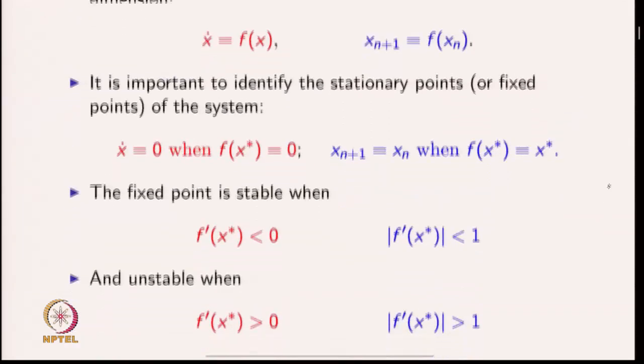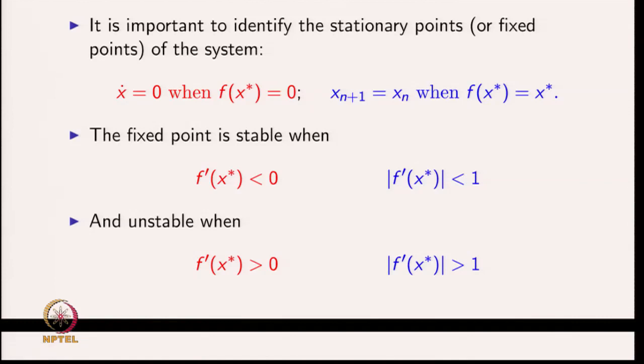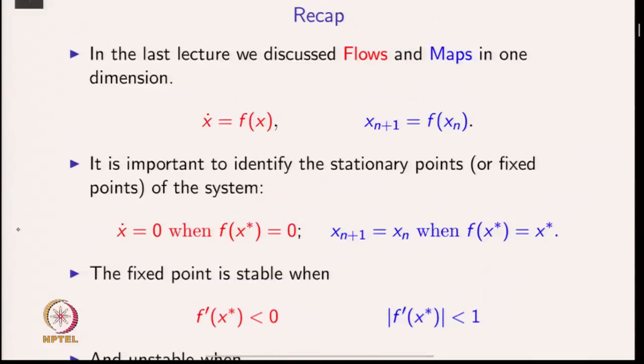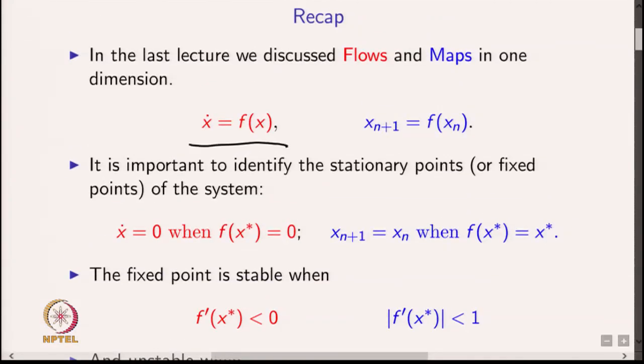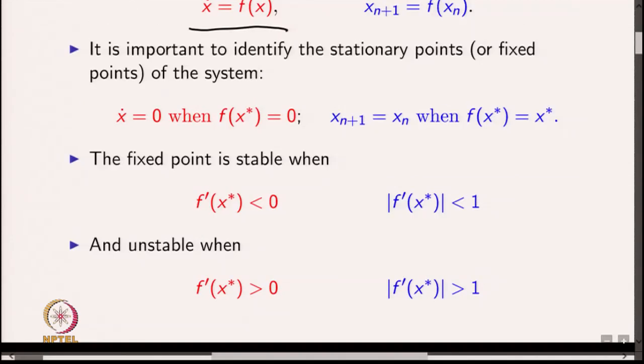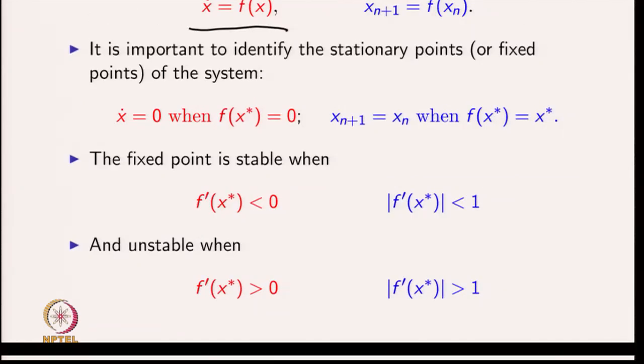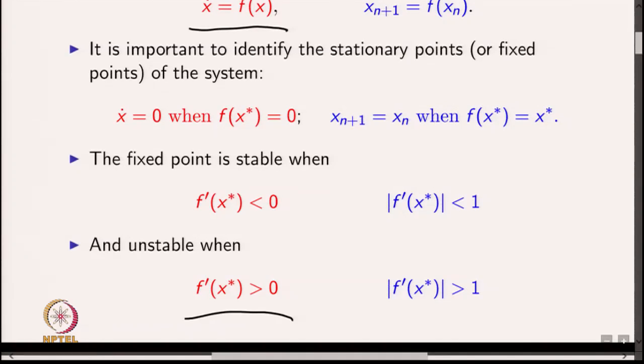Now, these fixed points are stable in the following situation. If you have the differential equation, namely x dot is equal to f of x, then the fixed point is termed stable if the derivative of f at the point x star is negative, and if the derivative is positive, then the fixed point is unstable.